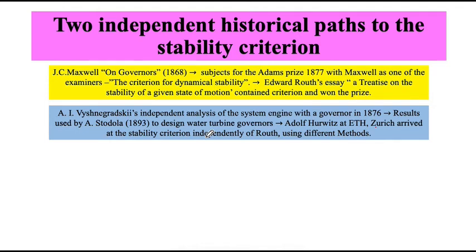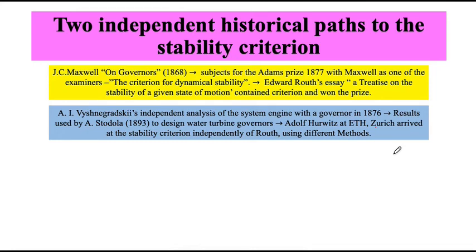They were used by some people to design a water turbine governor, and then Stodola, in collaboration at ETH in Switzerland, independently also arrived at a stability criterion. These two actually evolved independently, using different methods.